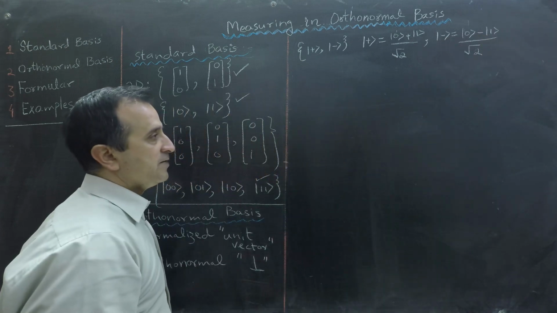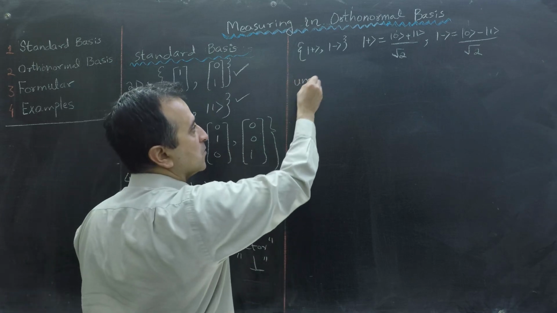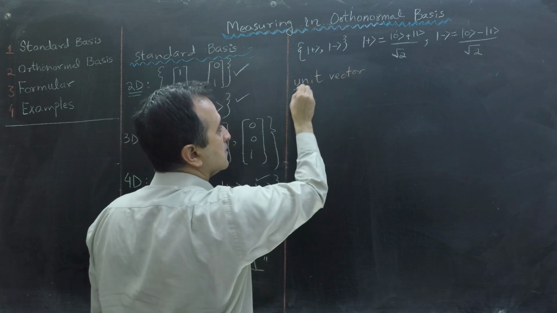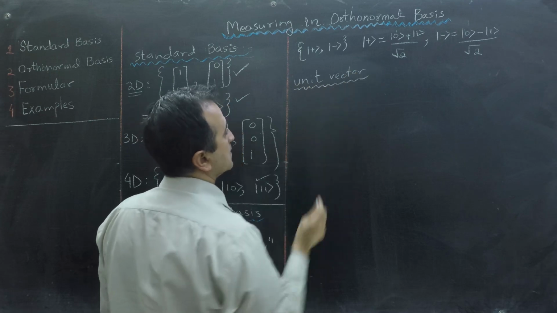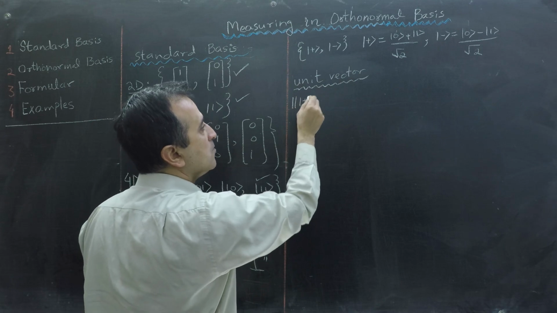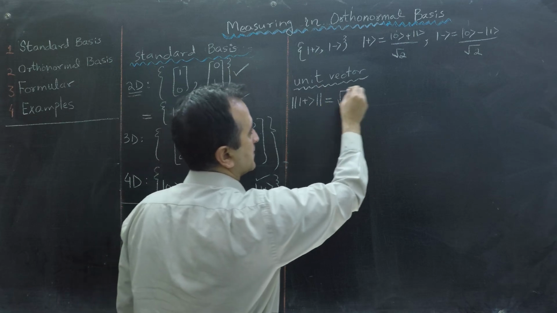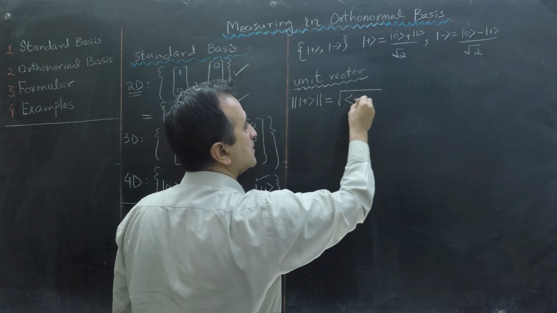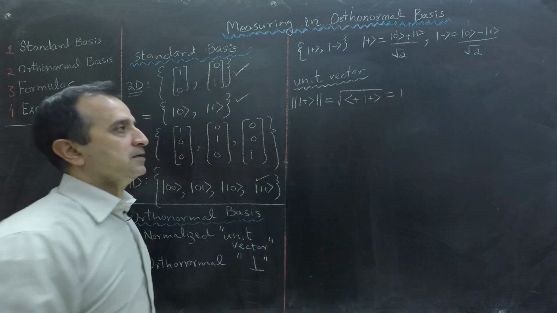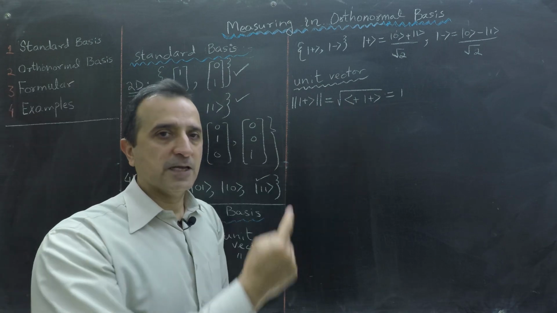First, we have to verify if these two vectors are unit vectors, or normalized. To that end, we have to see if the norm of ket plus is equal to 1 or not. To compute the norm, we can compute the inner product of ket plus with itself and take the square root.